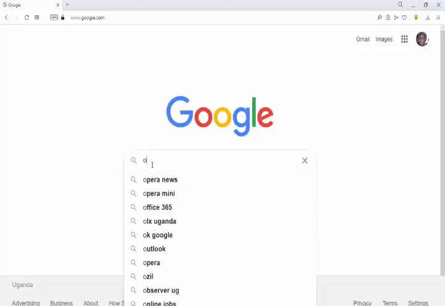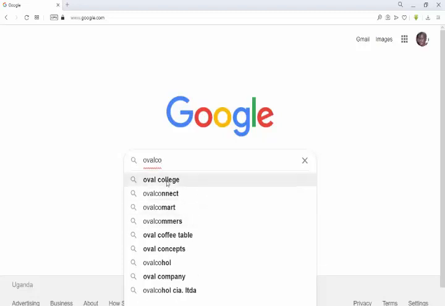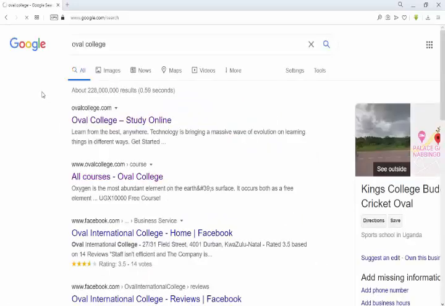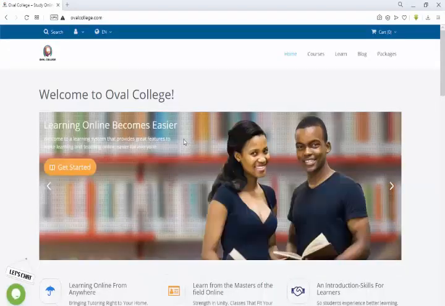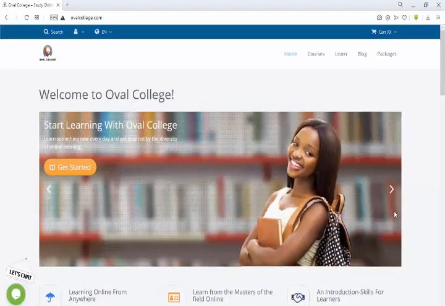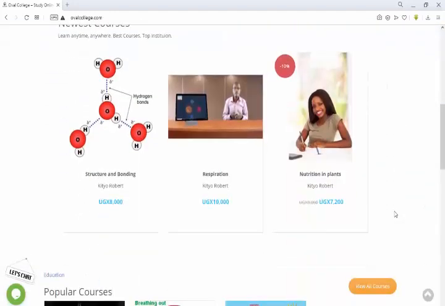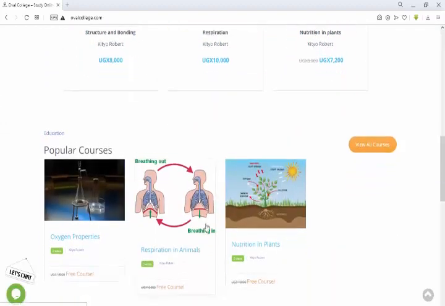In your Google search, type in Over College. Search. In this we shall choose this first option, then we shall be redirected to the Over College website. Now in this case, because this is the chemistry class, you can see there are a lot of options to choose from.